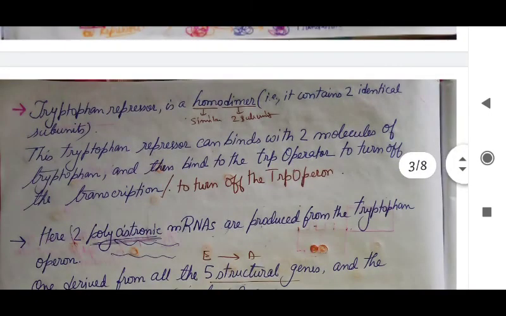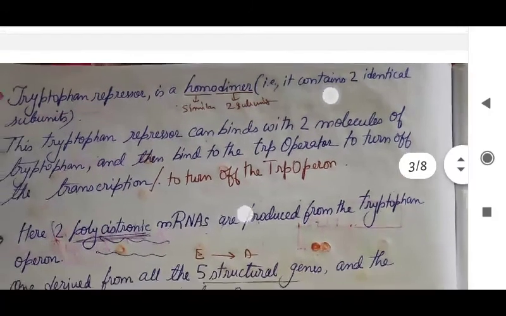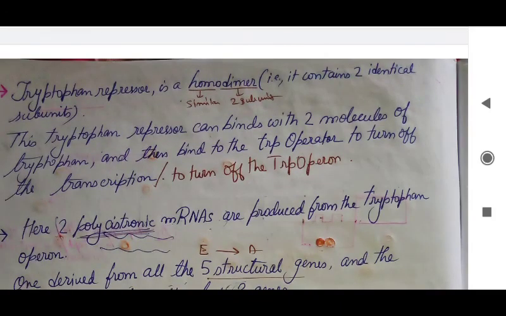Now, about the tryptophan repressor. This tryptophan repressor is a homodimer. Homo means similar, dimer means made up of two subunits. That means it contains two identical subunits.